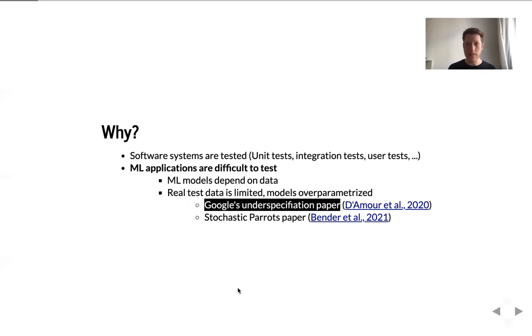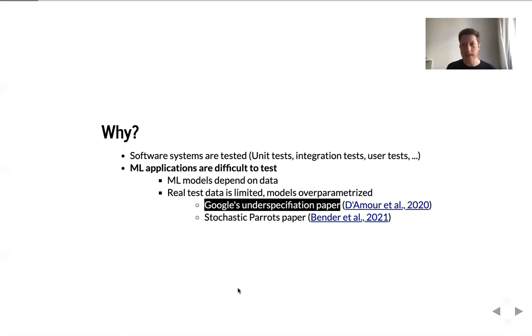It has a couple dozen Google researchers as authors, and it talks a lot about the case when you have one limited test set and a number of different models that perform equally well on that test set, and then you give those models new data. You stress test those models with different data, and then these different models perform differently, even though they have performed exactly the same or comparably on a small limited test set.